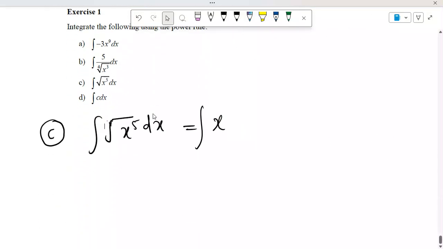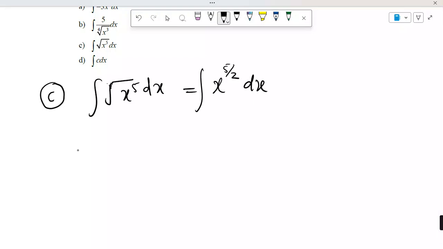Okay, so now let's come here. There is nothing, but this is a square root. It means a square. So meaning you have 5 over 2 dx. Okay, so if you have something like x to the power 1 over 2, you write a square root, but we can't write a 2 here because we know the denominator is 2.